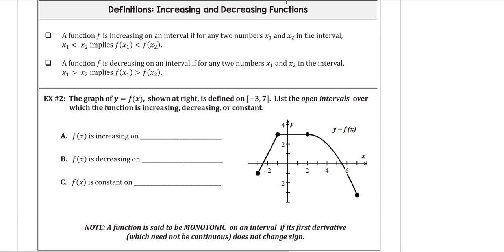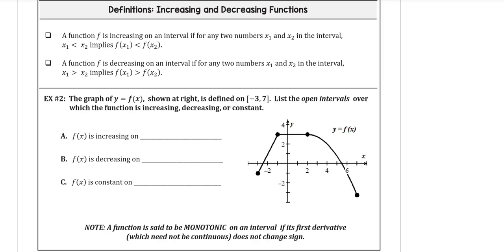Okay, so here are some definitions. A function f is increasing on an interval if for any two numbers x1 and x2 in the interval, and x1 is less than x2, this implies that f of x1 is less than f of x2.